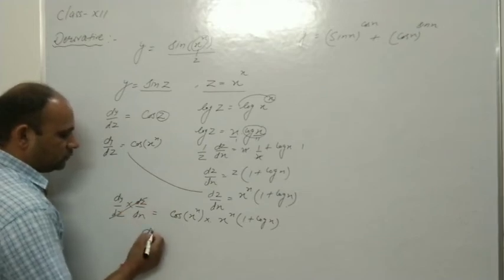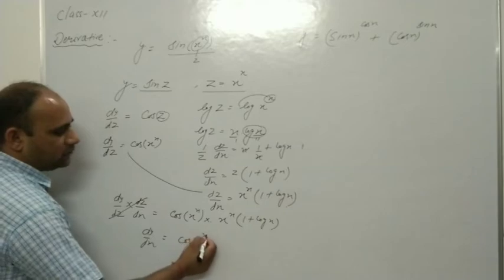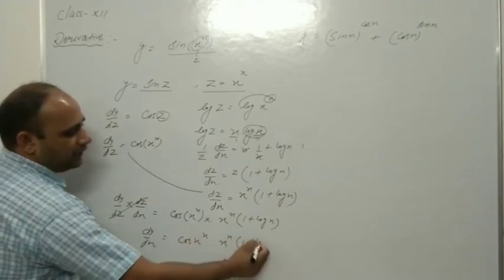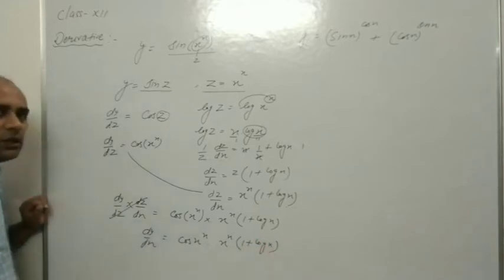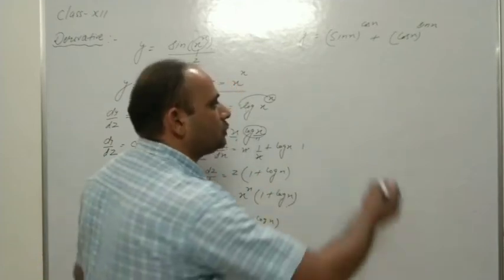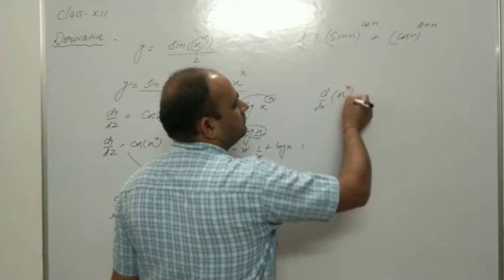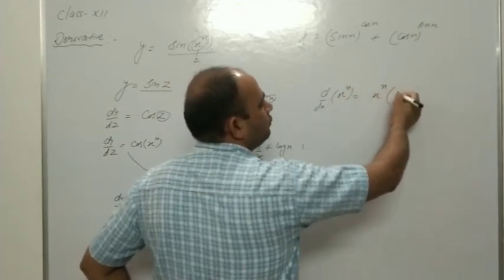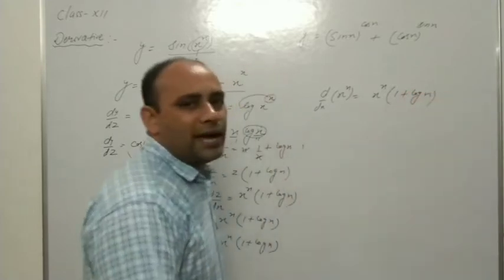So dy by dx is cos(x raised to power x) into x raised to power x into (1 plus log x). Now keep in mind the derivative of x raised to power x: it is x raised to power x into (1 plus log x).